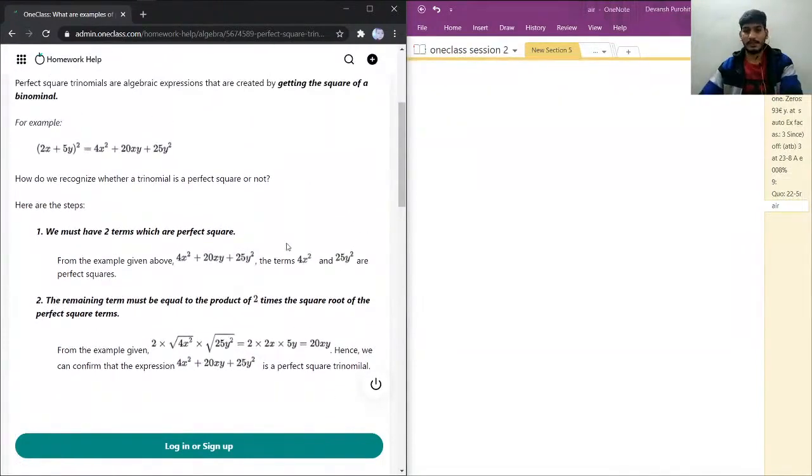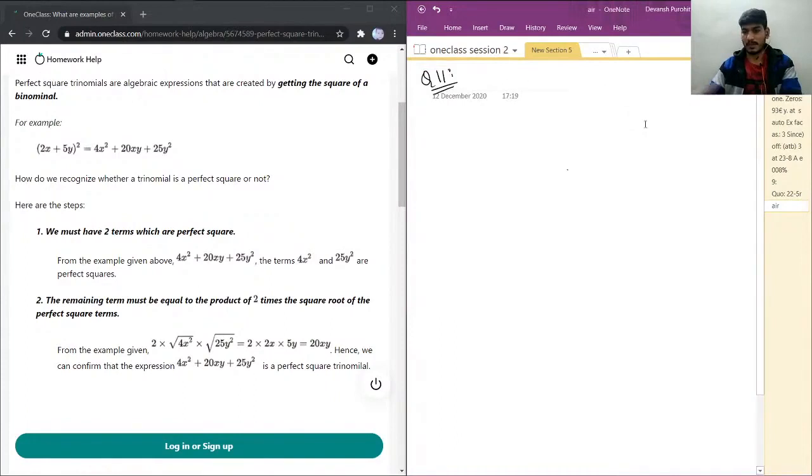Okay, so here is that question number. For trinomial squares, we have two conditions.